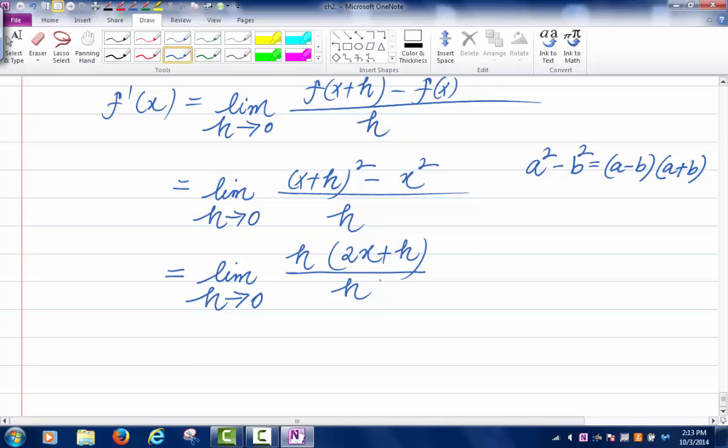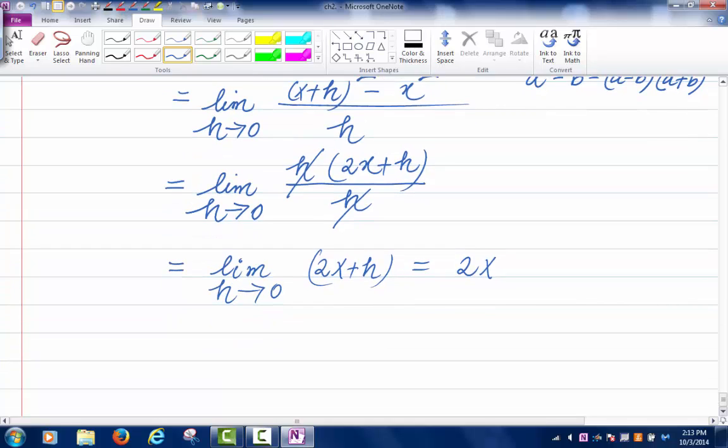Did that make sense? And then I can cancel out the h's. I could have just expanded this, x plus h, multiplied by using FOIL and simplified, and I would be getting the same answer. But I factored out, there is a reason why, and then this is going to be just 2x plus h here, and then the limit turns out to be 2x. So what we found is that the derivative of x squared is 2x. Is everybody okay?